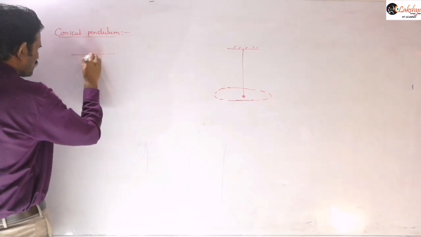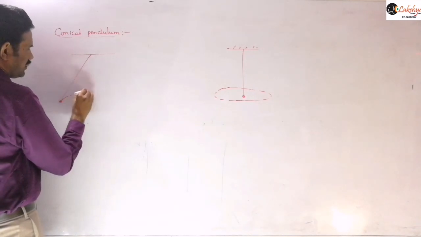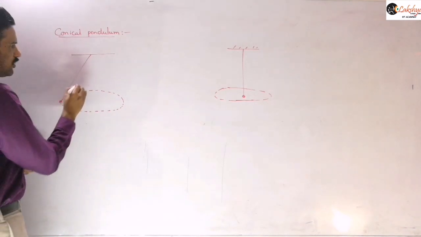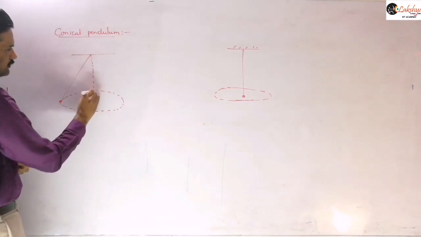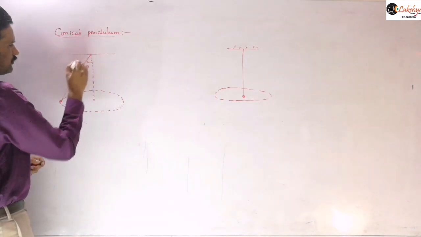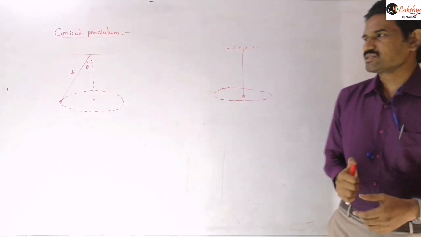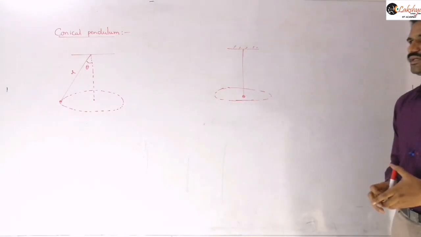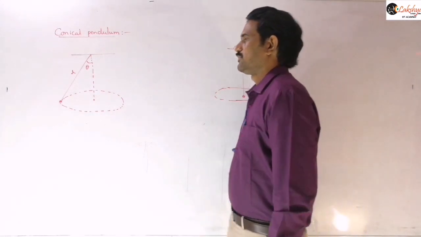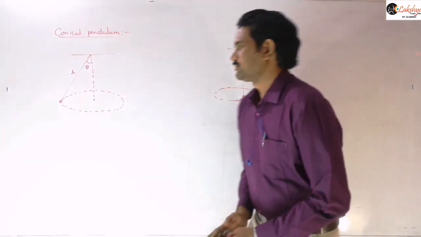So just mention that if the bob of a simple pendulum is made to revolve in a horizontal circle, then it is called a conical pendulum.